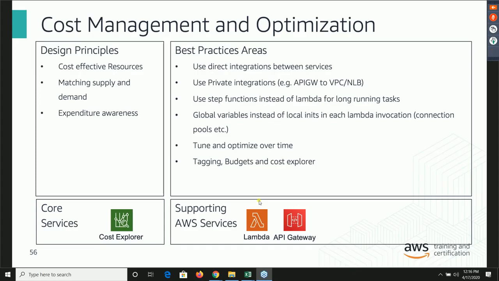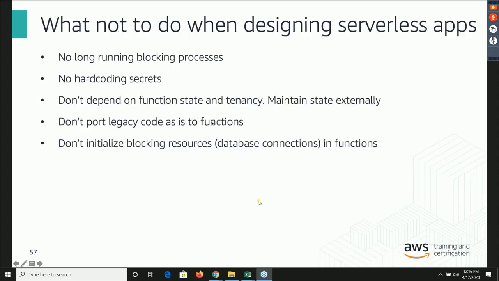All right, next. So what to do? No secrets, no long running code, not depending on function state and tenancy, and don't port legacy code as is. That's just another way of saying that if the code is not written with event driven architecture in mind, do not just port it.